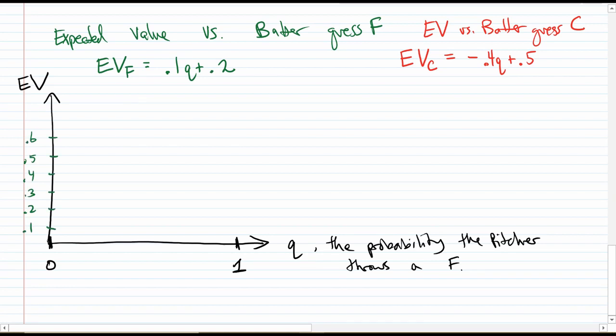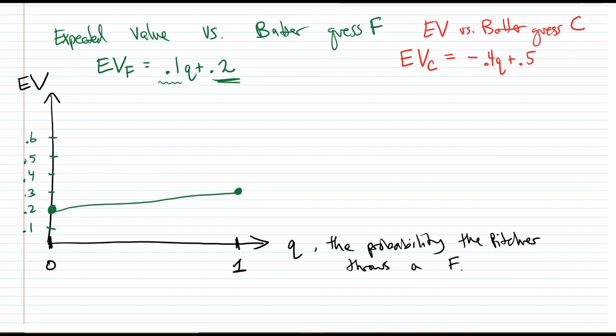If we plot out these lines, this first one will start at 0.2. That's the y-intercept. And it'll go up by 0.1, so it'll wind up at 0.3. You can also get that by just plugging q equals 1 into there. This is the expected value. So this is the expected value line against a fastball.